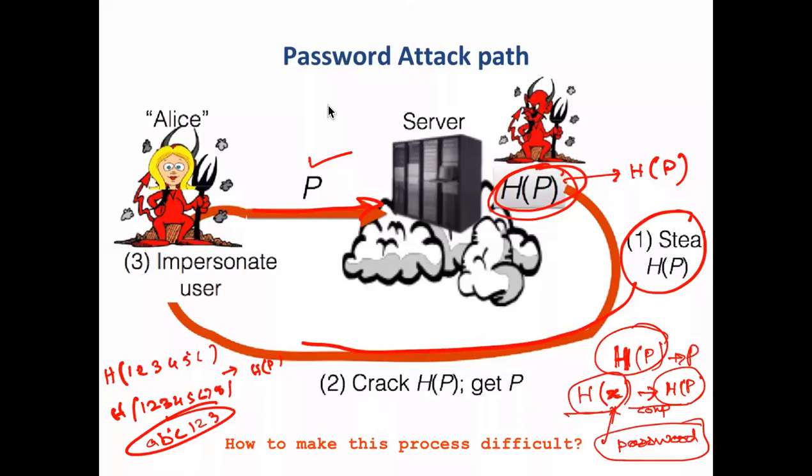Of course, we will study all this a little later in the class. The question I'm asking is how to make the whole process a little more difficult for hackers. For example, my name is Ravi, and I am using the password IIT Goa 123.